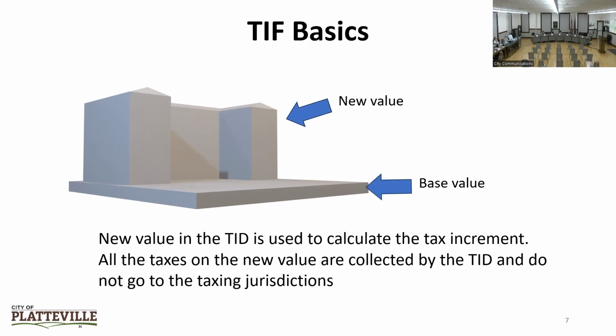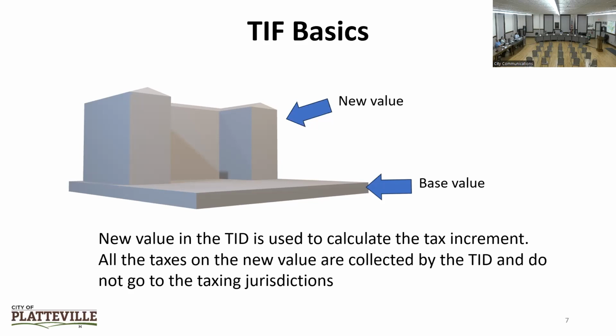But if somebody constructed a new facility, a hotel or a factory or something, the taxes on that new value would be collected by the TID and do not go to the taxing jurisdictions. Now, in my picture, if you imagine that all of this was already created before the TID was created, then all of the value of those taxes would still go to the jurisdictions, and just new buildings going up would generate taxes that would be kept by the TID.